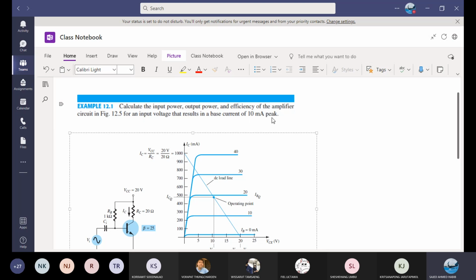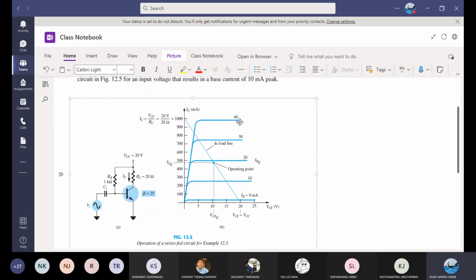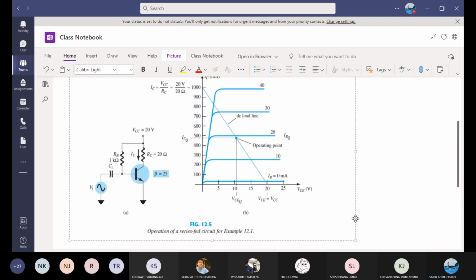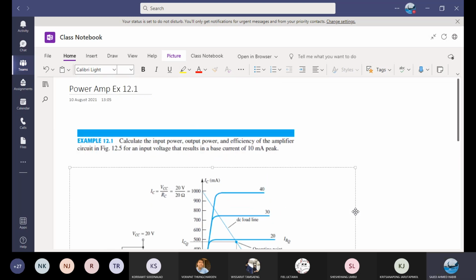It does not say 10 milliampere base current, it says peak of 10 milliampere. How do we solve the problem? Let's have a look. We need PI, P out, and percent efficiency.